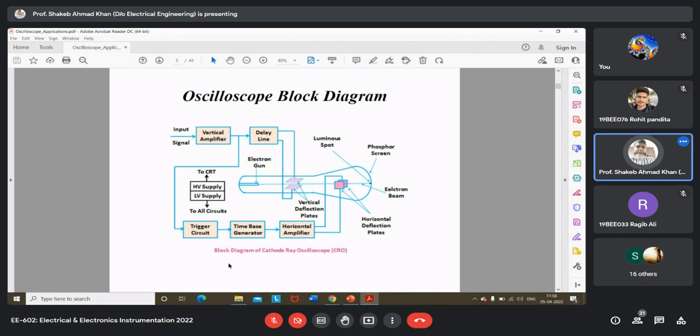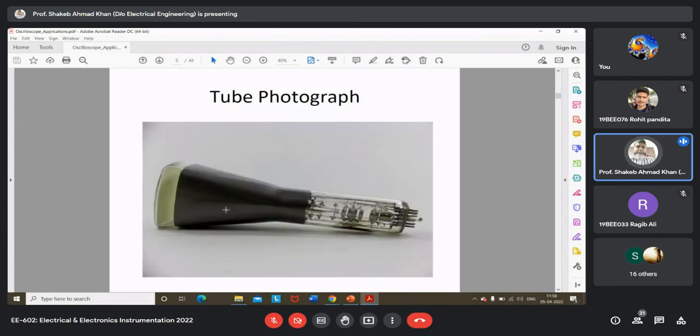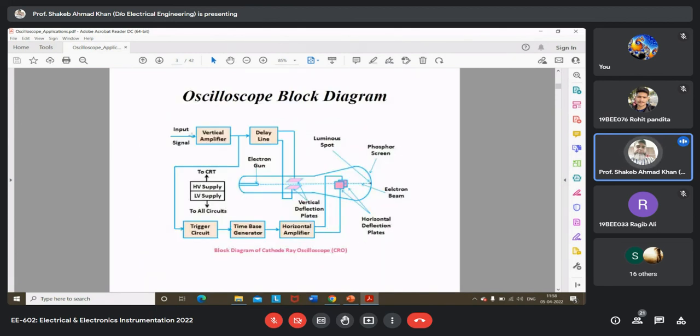In XY mode, we can plot one time varying voltage against the other. In that case we have two signals. One signal is applied to the Y plates, these things will not be present, and we apply another signal through the horizontal amplifier. We'll come to that again.